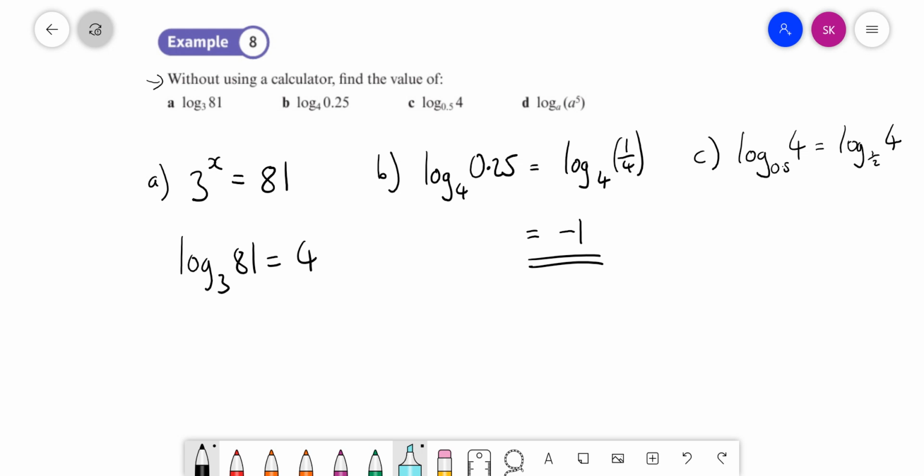In other words, a half to the power of what makes 4? Well, I'm thinking if I square it, that will give me 1 over 4. So that's not right. I want it to be the inverse of that. So half to the power of -2 would give me 4. So therefore the answer is -2.